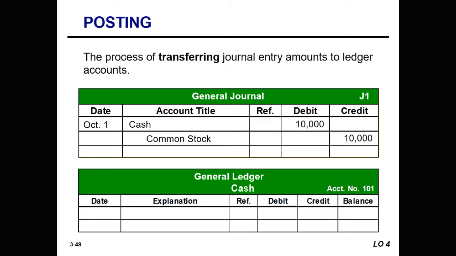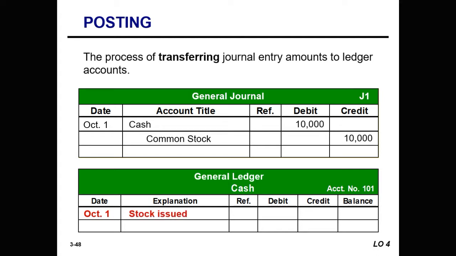So as you see in the ledger, we enter in the appropriate columns the information that is coming over from the general journal. In this case, we have a date, so October 1st. We're looking at the general ledger for cash, so we look at that specific line. We'll look at the transaction description, and for that entry it is to issue stock.